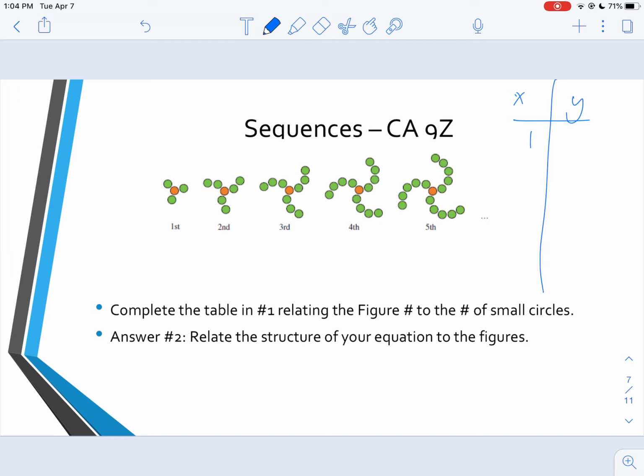And so I can think of this as my x and my y, the figure number here, so on. And then the number of dots is my y. And so you see it starts with 4, and then it goes to 7, and then 10, 13, and 16, and so on. Sorry, that's not 16 for n, but you can see the pattern.